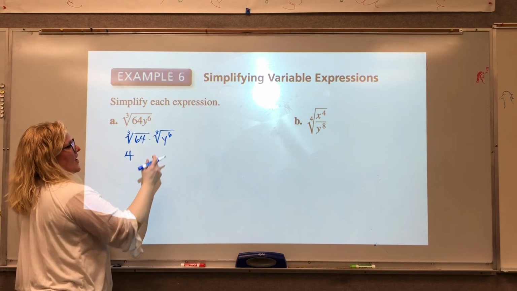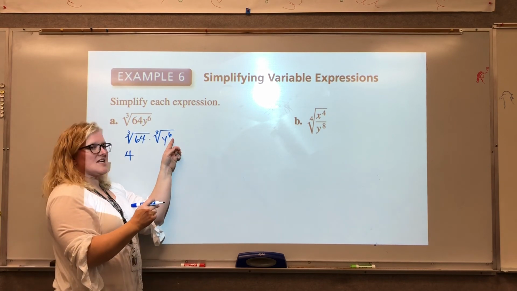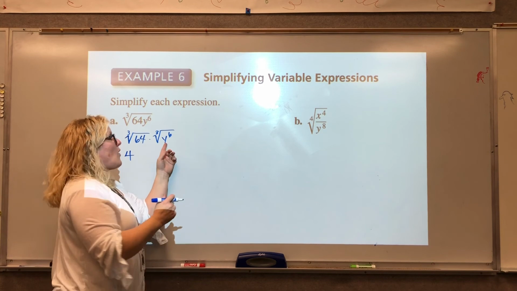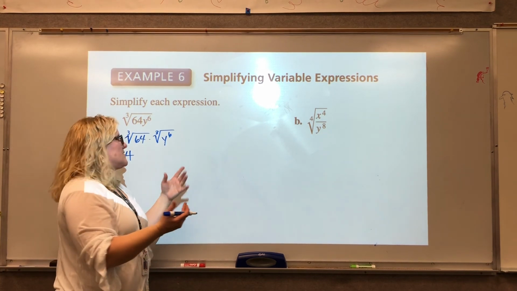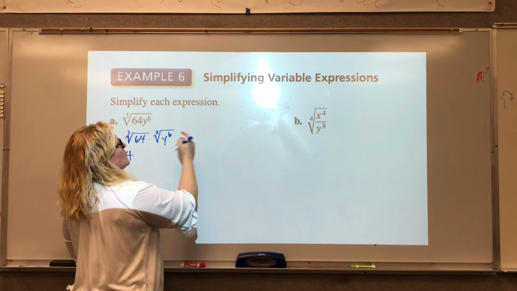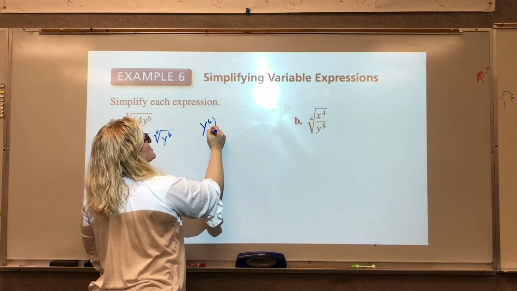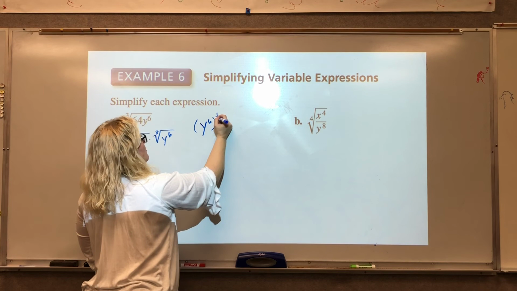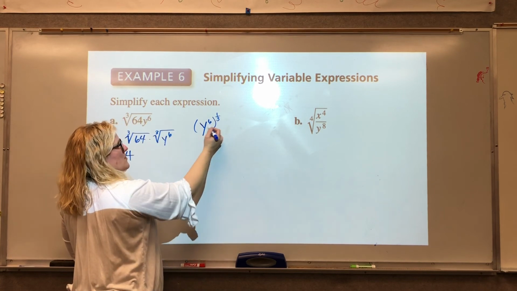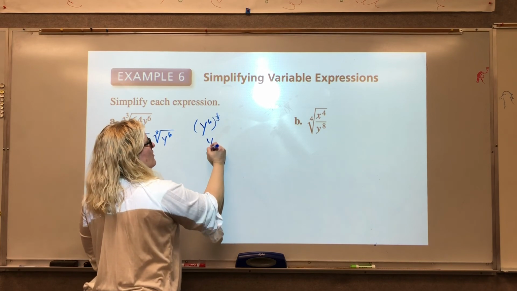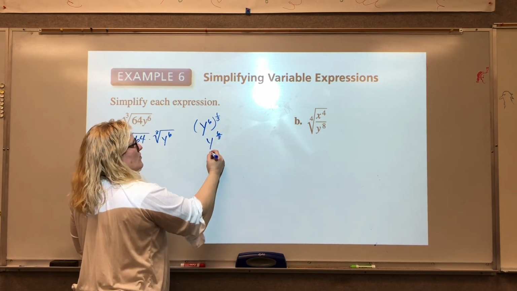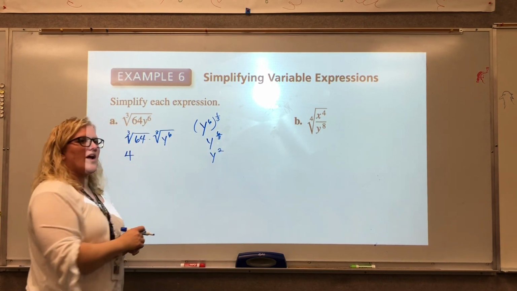This one, on the other hand, we've got y to the 6th. Is y to the 6th a perfect cube? Well, it is. Another way you can look at this is if I write y to the 6th to the 1/3 power, which is what this is written in exponential form, and I multiply these two together, I get 6 over 3, which is y squared.